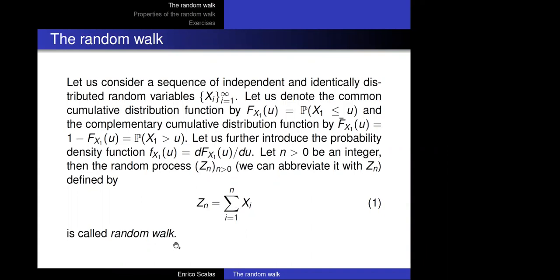So the random walk is a sum of independent and identically distributed random variables. You see that it is related in a sense to the sample mean, where here you would have 1 over n. So it's n times, if you like, the sample mean. This is a formal definition of the random walk, and I see a question.